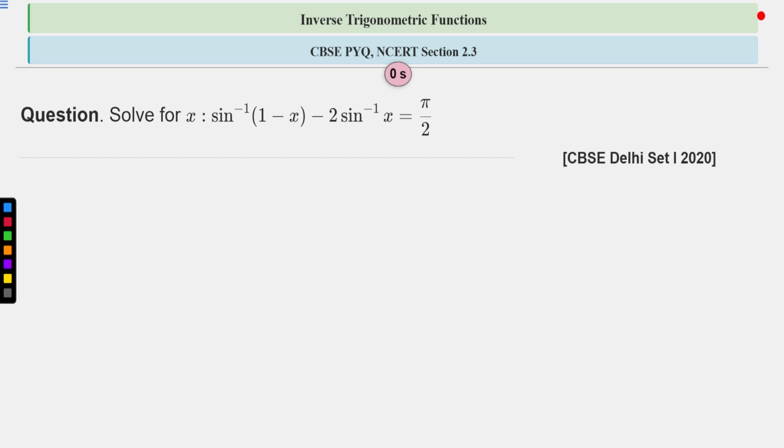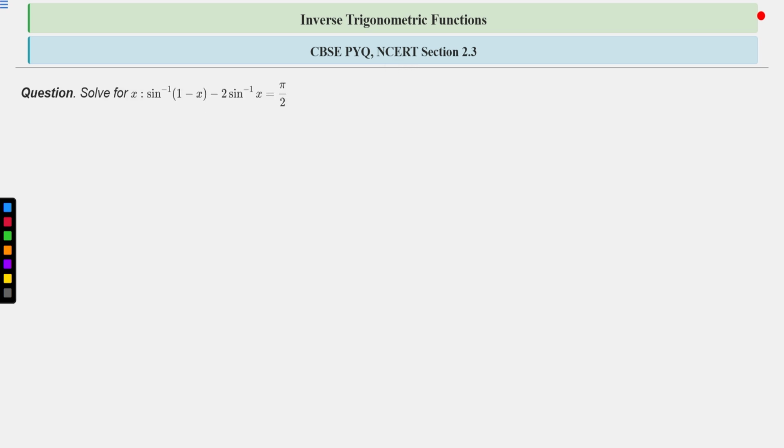Okay, let us move to the solution part. Sine inverse 1 minus x minus 2 sine inverse x equal to pi by 2. It is given, right?